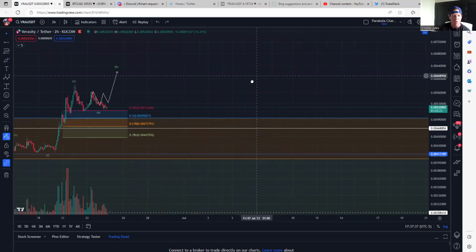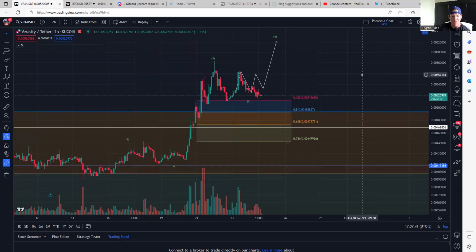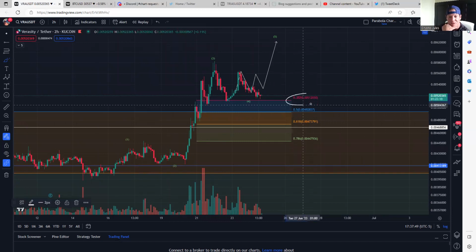But for now, what do we need to have happen in order to keep this structure at least viable for an impulse? As of right now, we've already retraced down to the 38.2% retracement level. We've talked about so many different times on all my different channels, if you pay attention and watch these videos, typical 4-wave retracements are at the 50% to 38.2% retracement level.